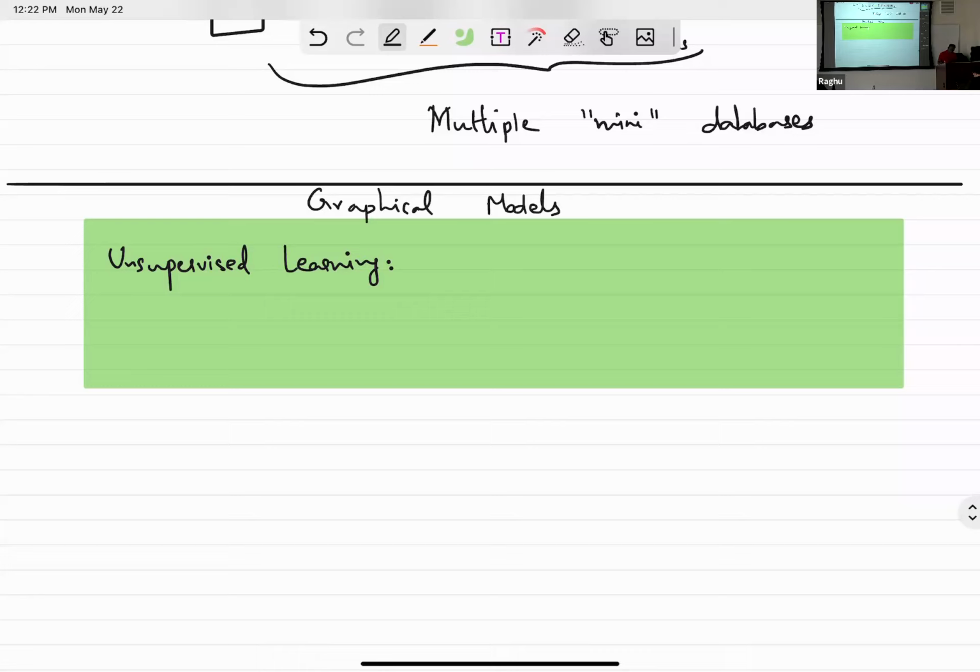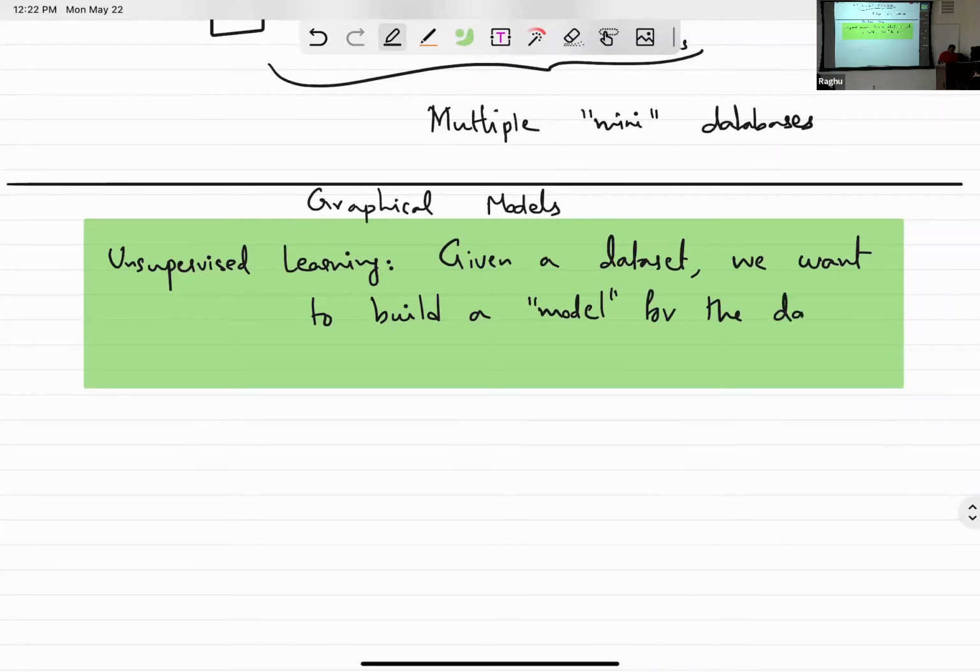In unsupervised learning, it's a little bit like PCA. You're given a data set. You're just given a bunch of samples from some distribution, and we want to build a model for the data set.